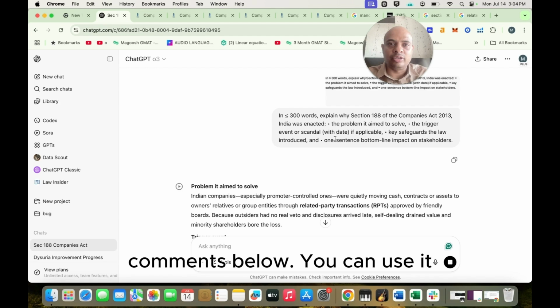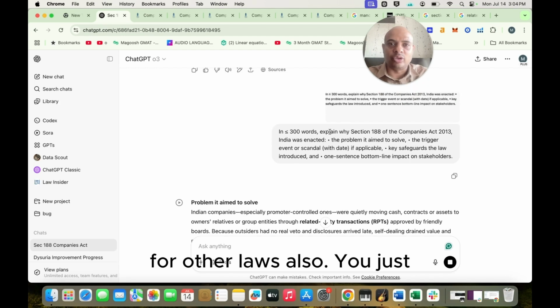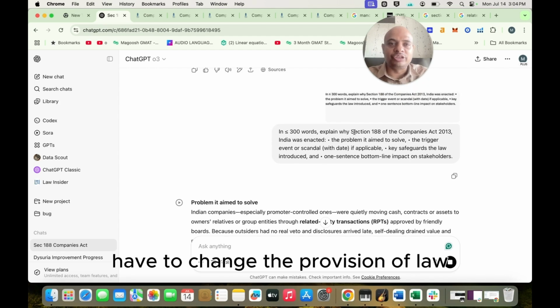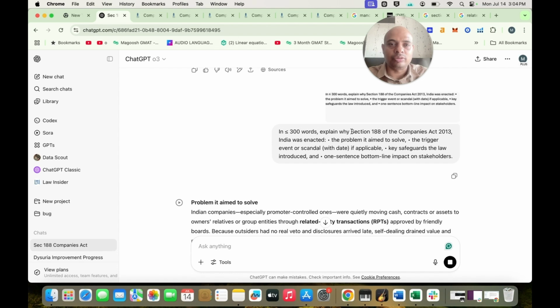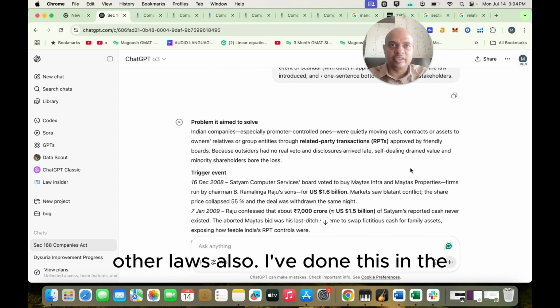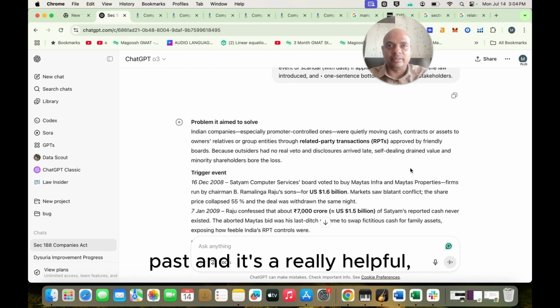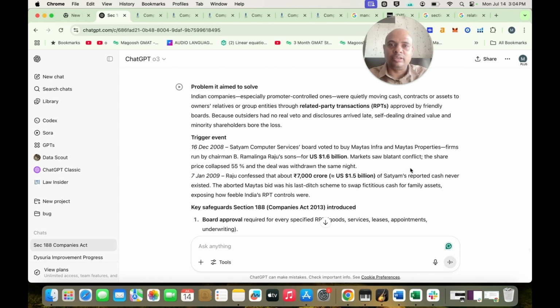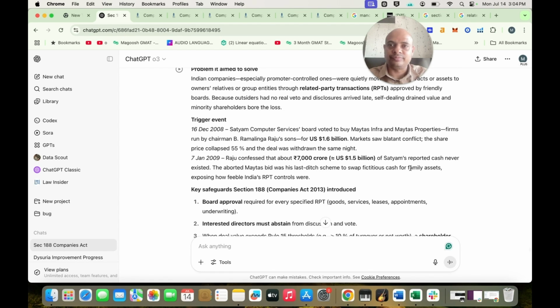You can use it for other laws also. You just have to change the provision of law over here, and then you can run it for other laws also. I've done this in the past and it's a really helpful trick that I use.